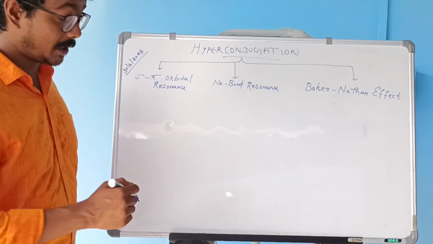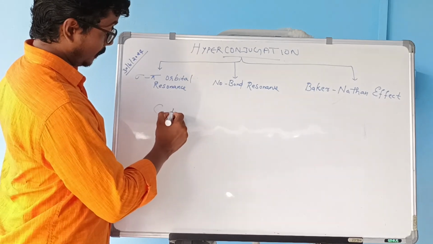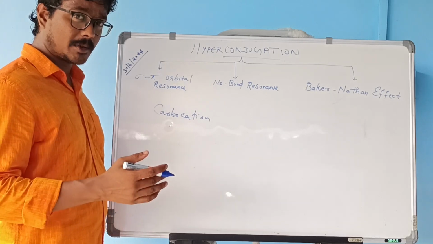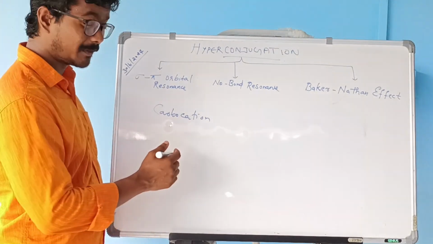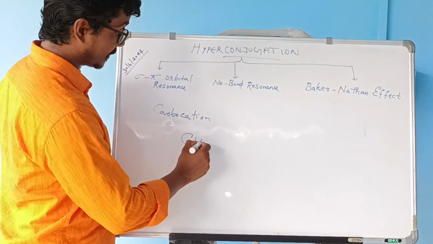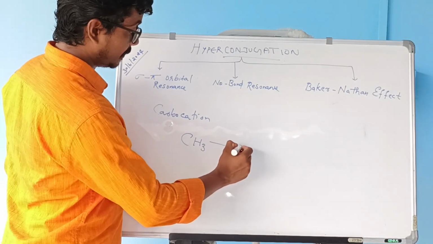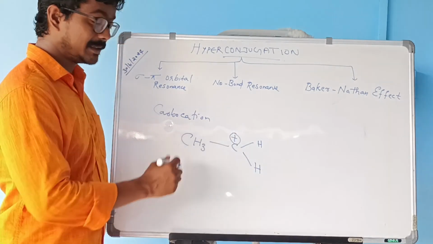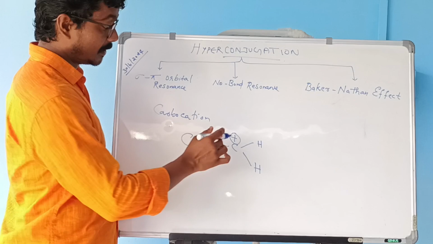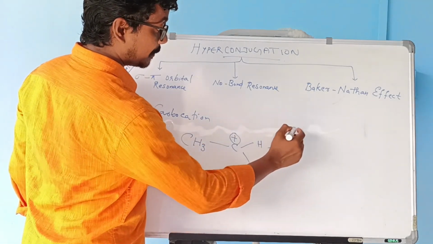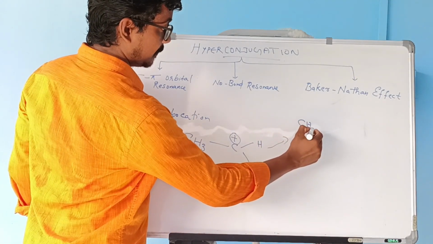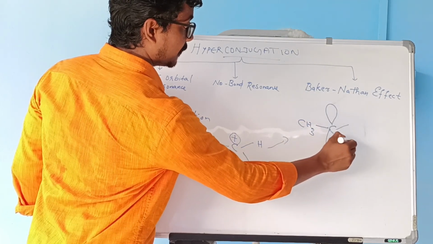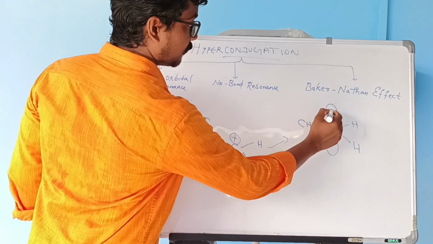Next term is carbocation. You know that a carbocation is a carbon with a positive charge. So what is the speciality? Let's consider this example: CH3, C, CH2 plus. This is a carbocation. This can also be represented like this: CH3, C, with the bond vacant.